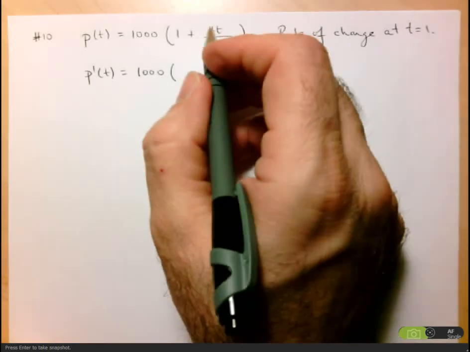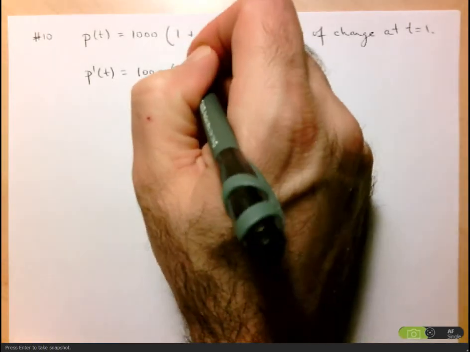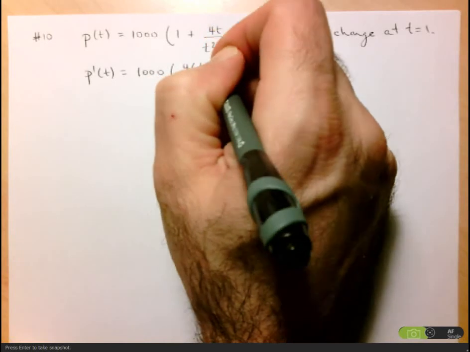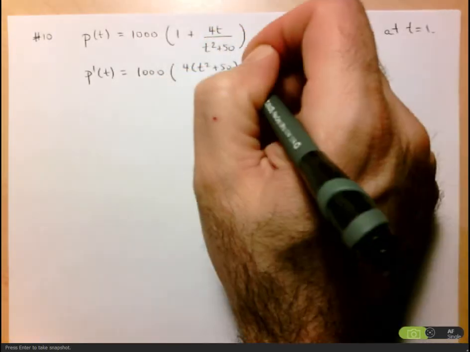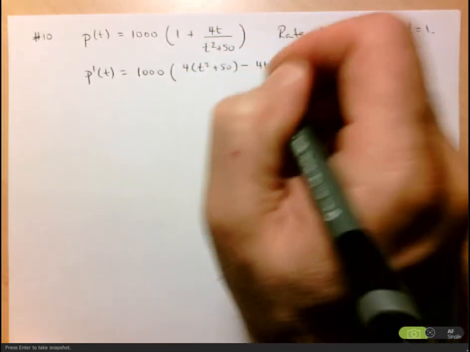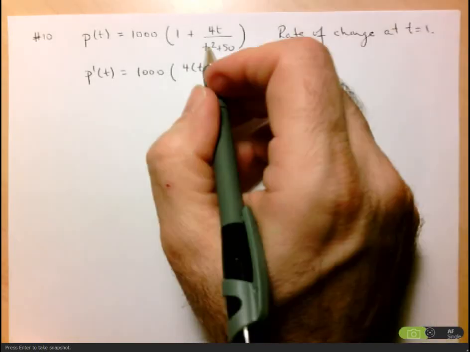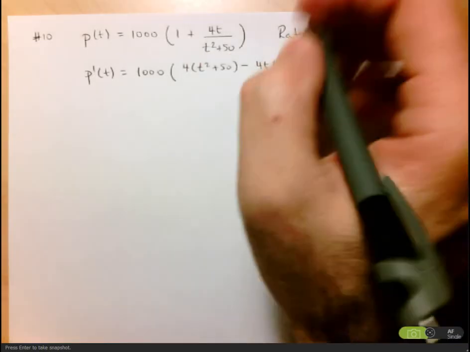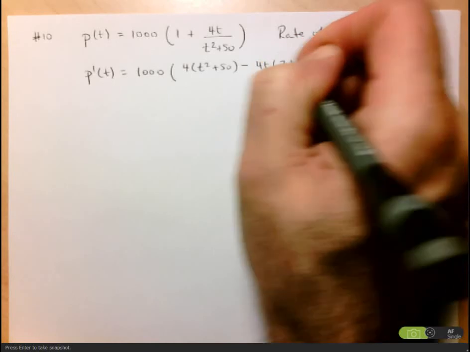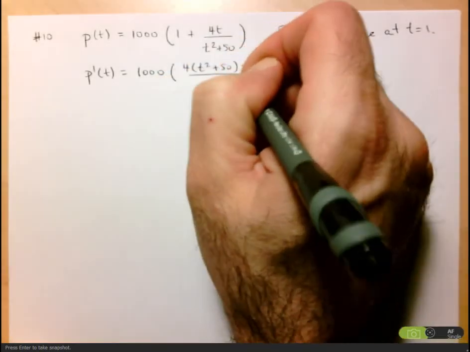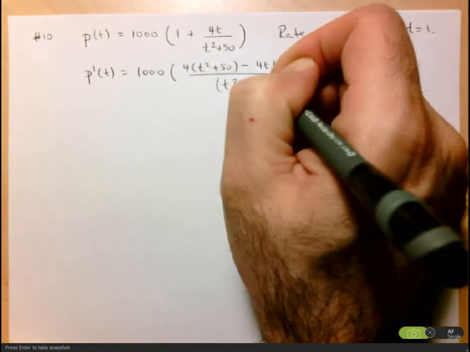The derivative of the numerator is 4, and I multiply that by the denominator function. Then minus the numerator function, 4t, multiplied by the derivative of the denominator function, 2t. And all of that over t squared plus 50, all squared.